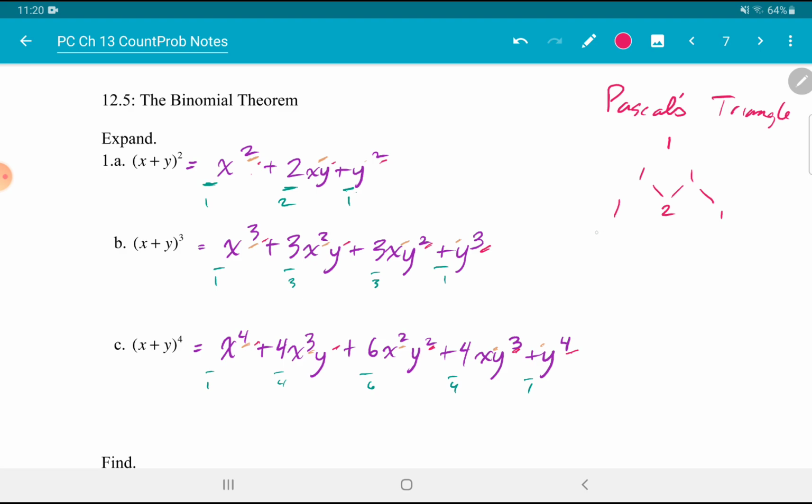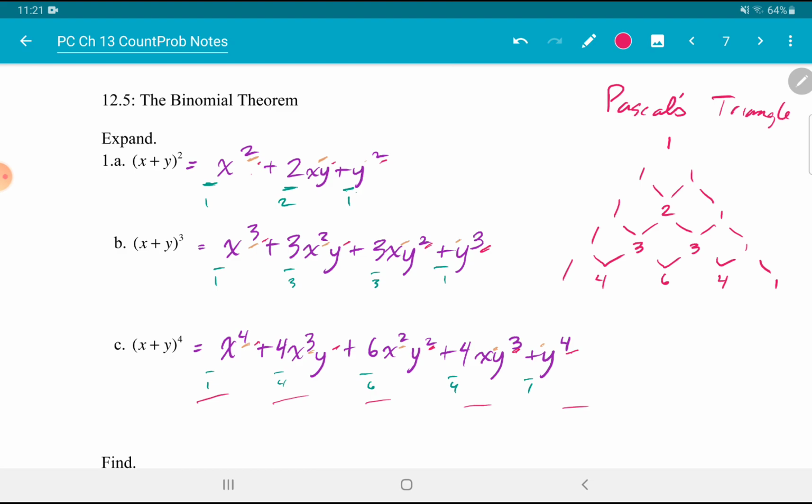As 1 goes on the side, 1 and 1 give you 2, 2 and 1 give you 3, 2 and 1 give you 3, and then you keep going with 1s on the side. And then here you can see that we'll get 4, 6, 4, 1. Notice how these numbers align with the coefficients that you see in certain binomials.